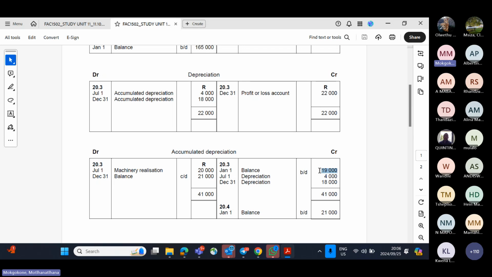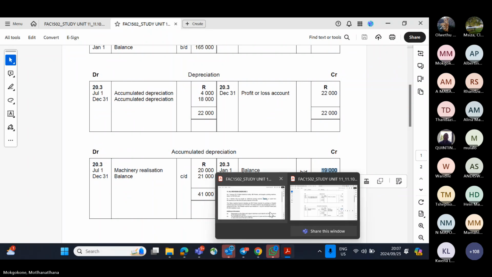Remember, this is the previous total accumulated depreciation for 20.1 and 20.2 added together. They will form part of total accumulated depreciation, and they will become the opening balance for the current financial period, which starts 1st of January 20.3. This is the previous total accumulated depreciation for the two machines.